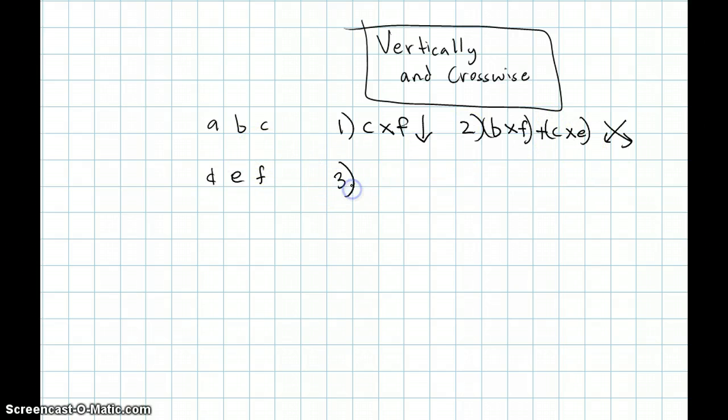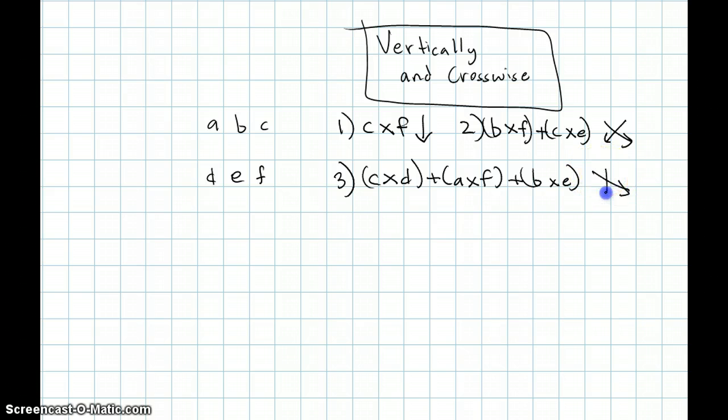The third step, which can be a little harder, but it's very simple if you do it with practice and you continue to do this a lot. So the third step is C times D plus A times F plus B times E, where we will be adding 3 times.